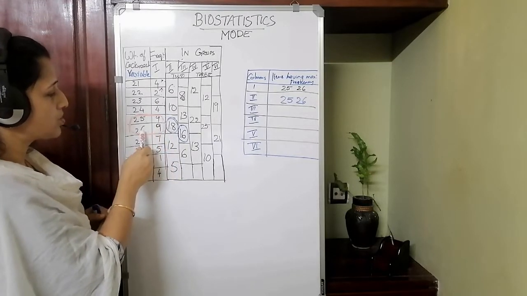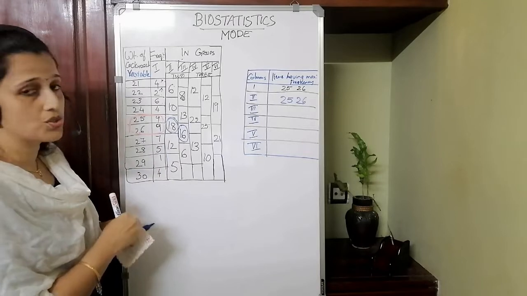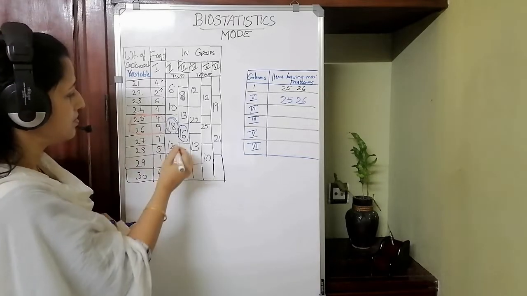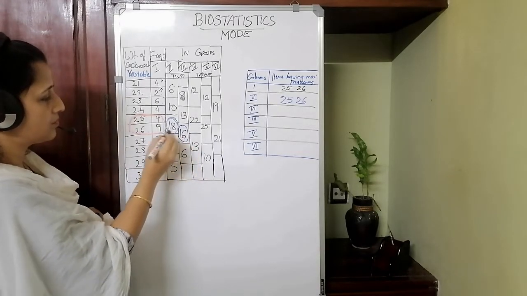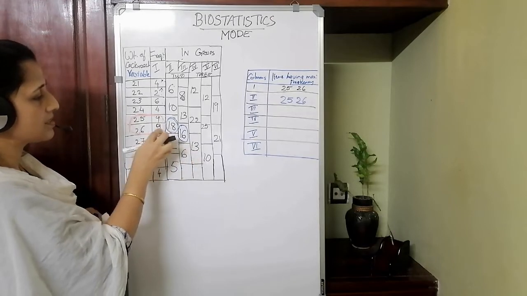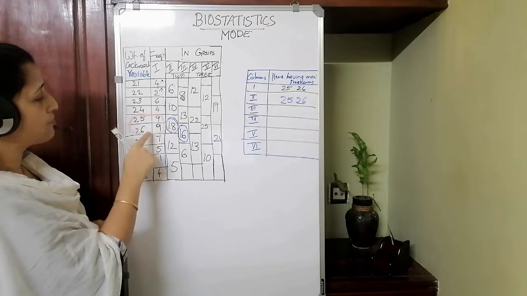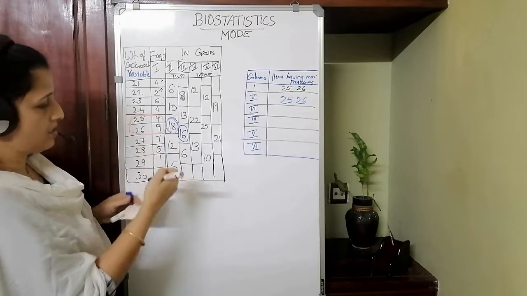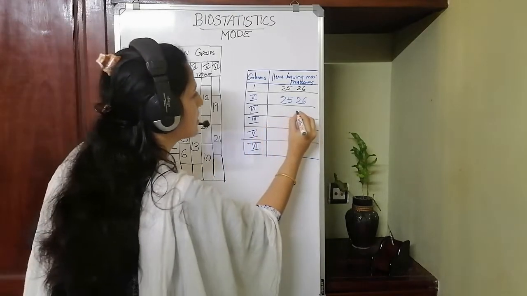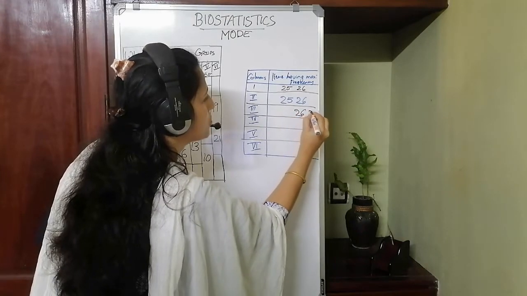So 9 corresponds to 26 and 7 corresponds to 27. So 16 is 9 plus 7, and 9 and 7 are frequencies of 26 and 27. So we'll write here 26 and 27.